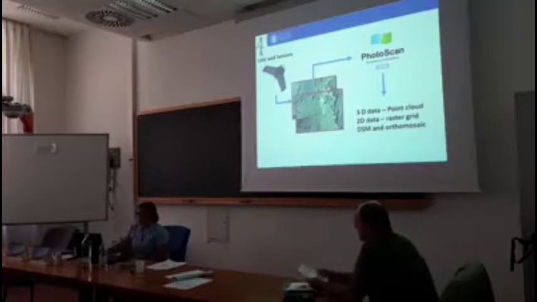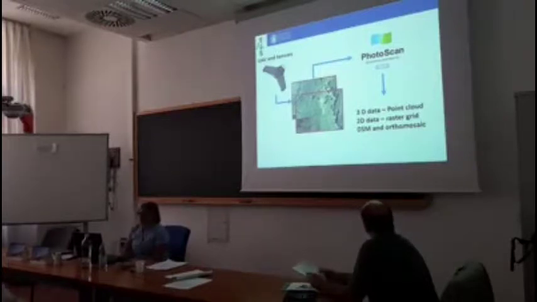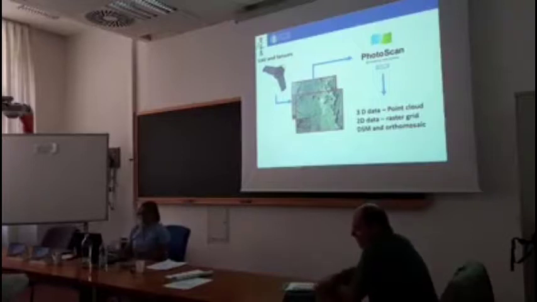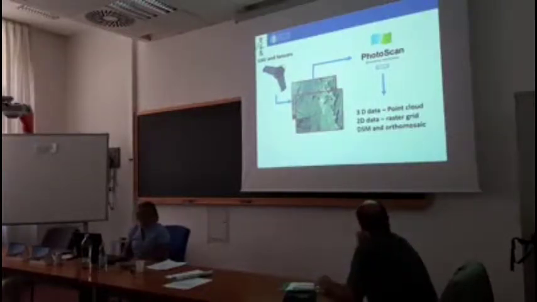So we acquired images with an overlap and side lap of 80% and 75%, with a flight above ground level of 140 meters. We processed the images with Photoscan in order to obtain 3D data, point clouds, 2D data, raster grid, DSM, and orthomosaic.